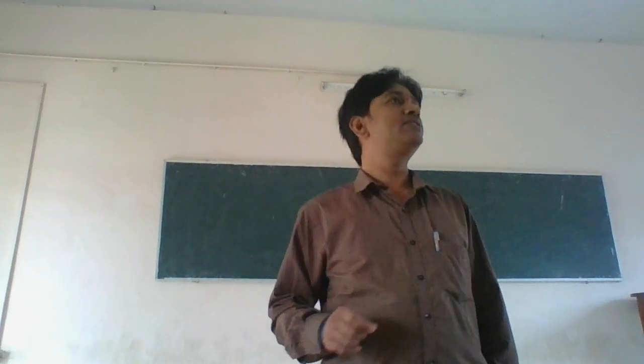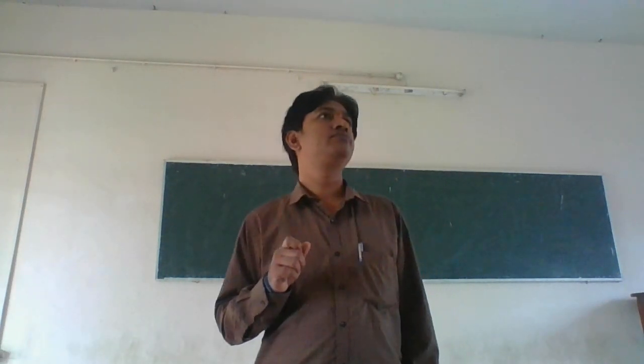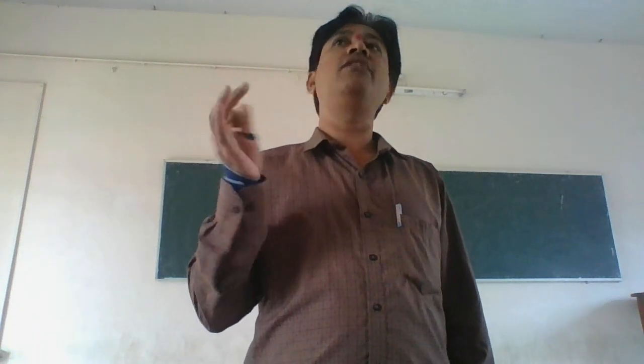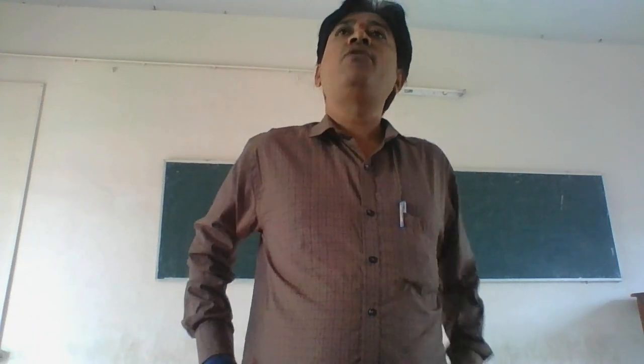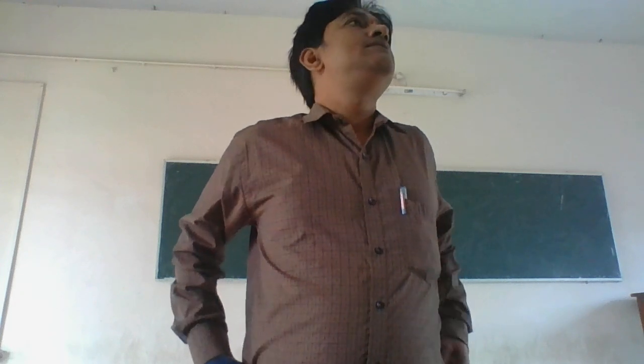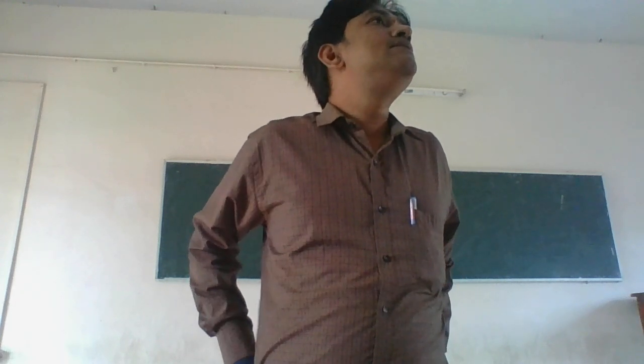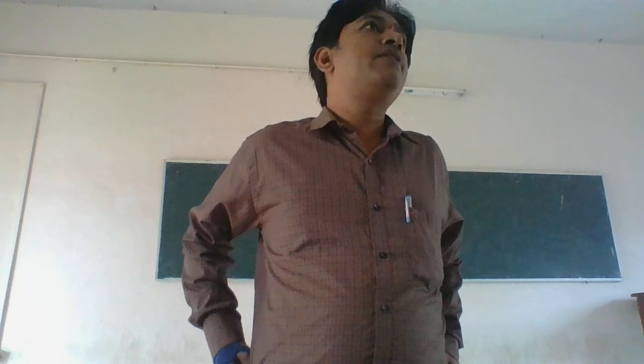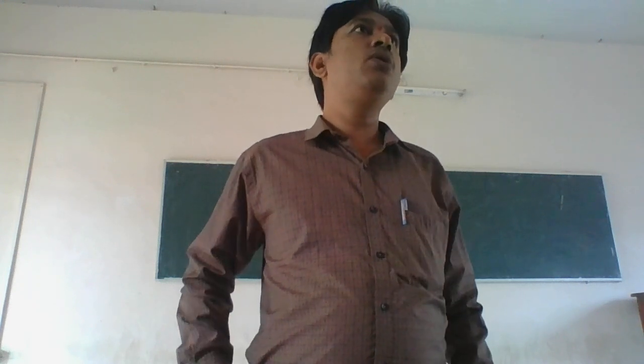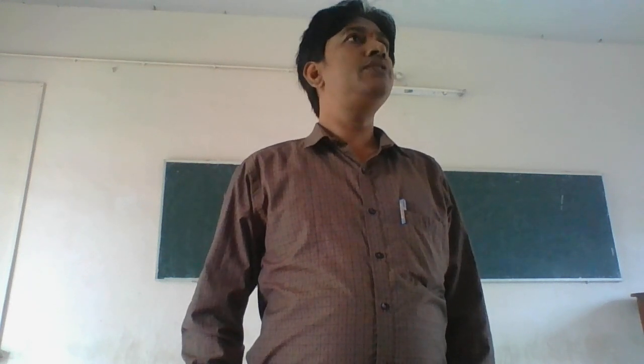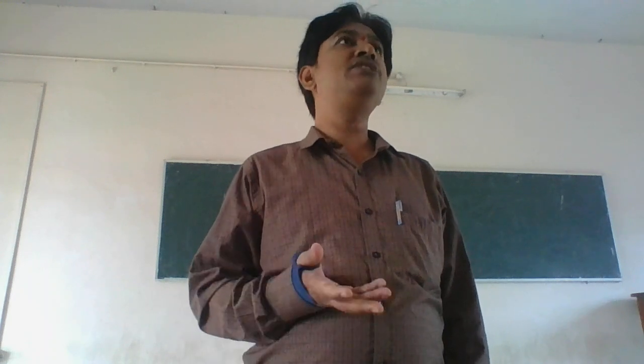Now given f of x is equal to x cube. I asked you to test for the stationary, saddle or whatever point may exist. Now what is f dash x? Can f dash x become 0? Yes, definitely.